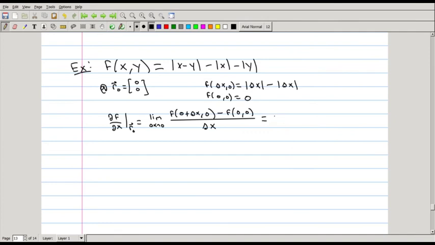So this expression is the limit as delta x goes to 0 of the absolute value of delta x minus the absolute value of delta x, minus 0, over delta x.